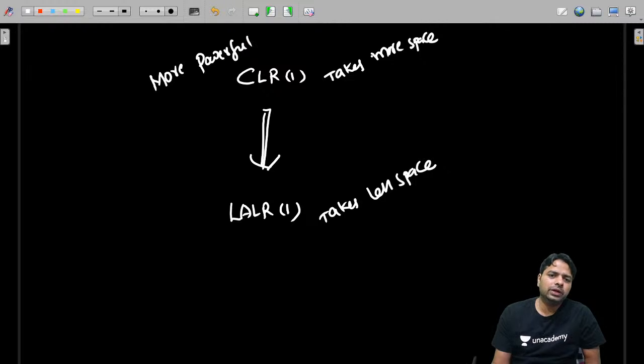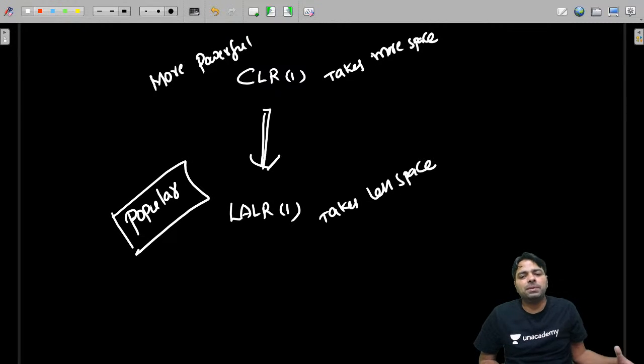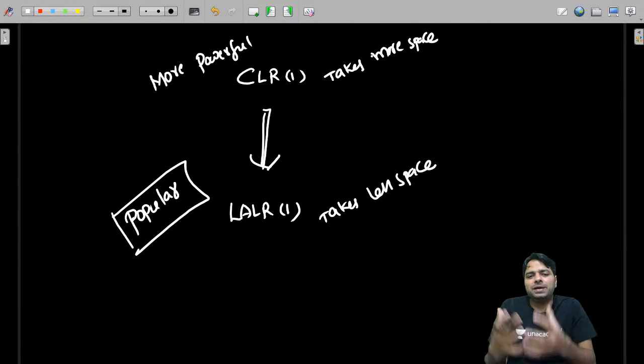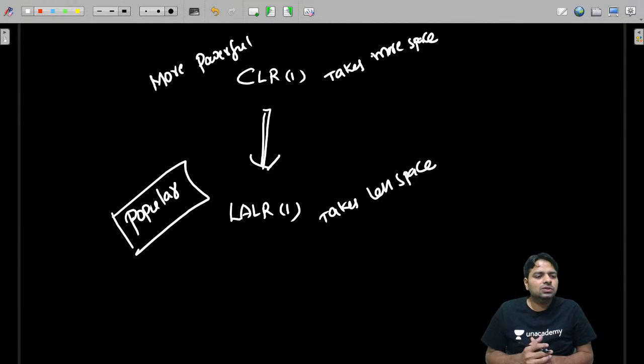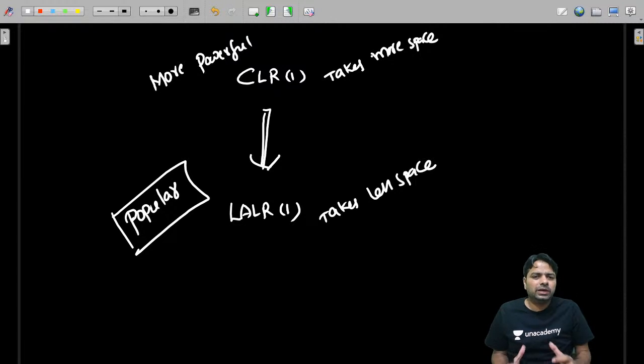But today this LALR1 is very popular, even though it is not as powerful. The LALR1 is popular because it takes less space, because we combine the states. Indirectly we save the space of the parser. So this is the reason, Sandeep, we take the LALR1 into consideration. Today most of the bottom-up parsers use LALR1.